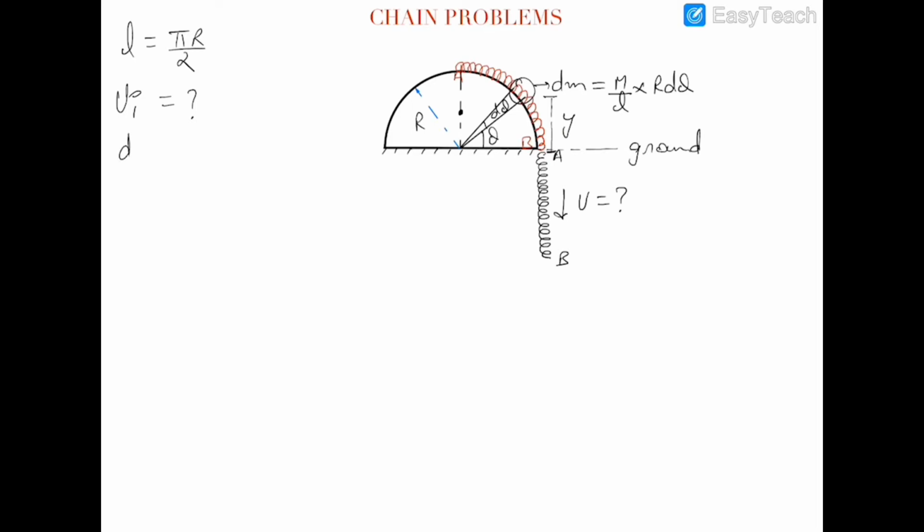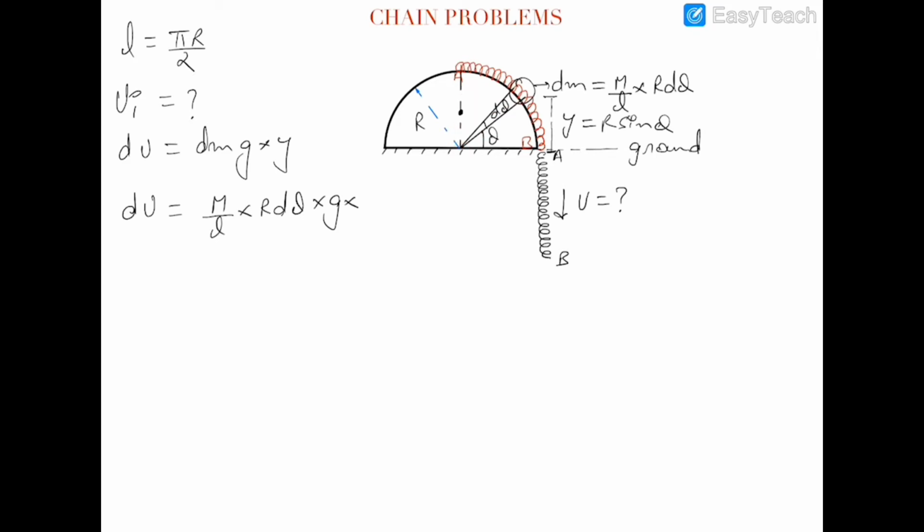So its potential energy will be dm g into y. So dU will be equal to dm, which is m by L into r d theta, into g into y. Now y is also equal to r sin theta. You can see that this is r and this component here will be r sin theta.